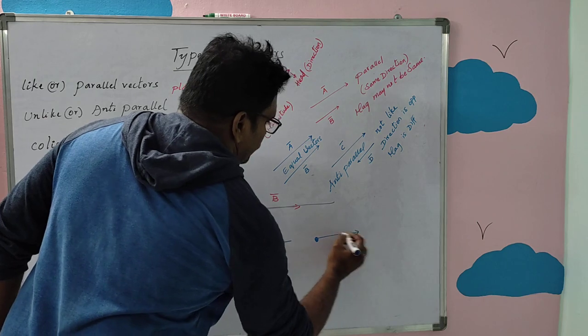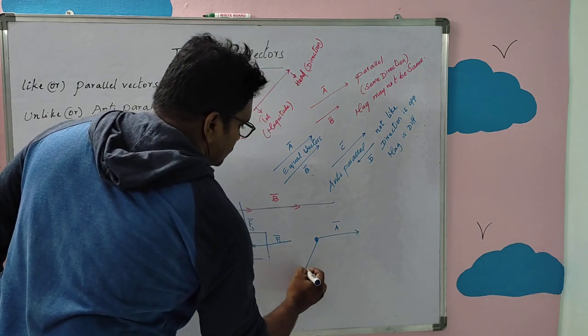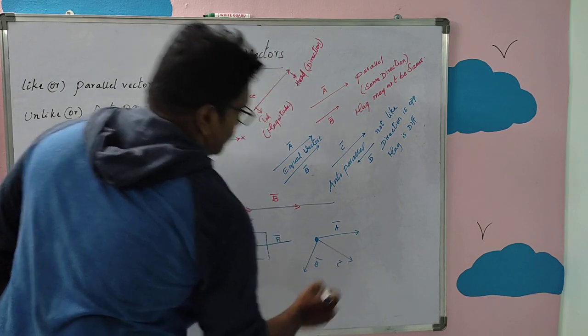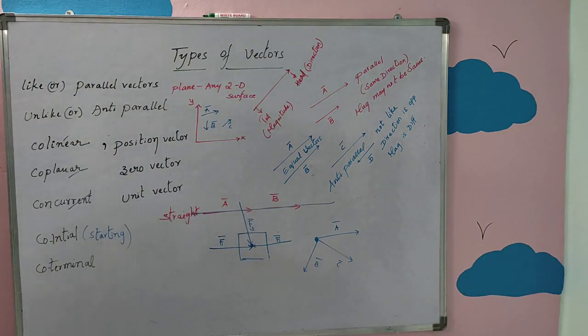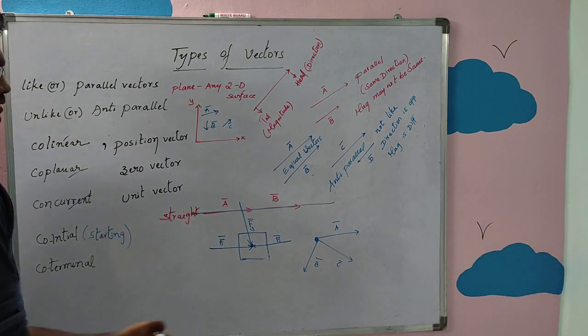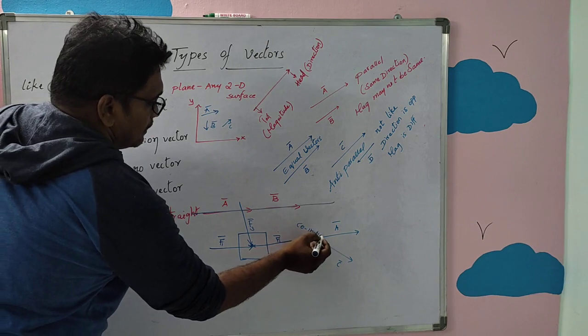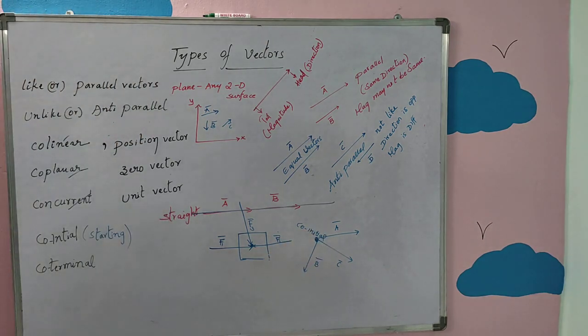Say this is vector A, this is vector B, this is vector C. Vector A, vector B and vector C are starting from the same point. Such vectors are called co-initial vectors. Any vectors which have the same starting point are called co-initial vectors.